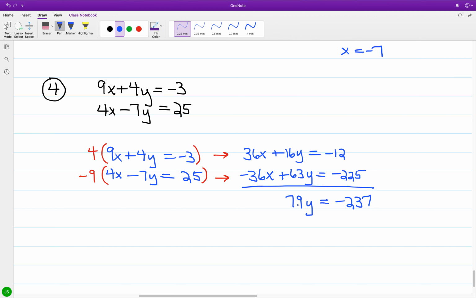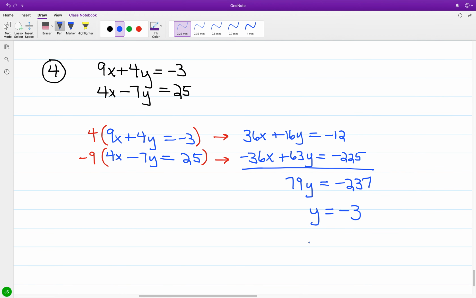If I divide negative 237 by positive 79, it comes out to negative 3. So we have y equal to negative 3. I can plug this result in for y in either equation and solve for x. We'll go with the second equation: 4x minus 7y equal to 25, plugging in negative 3 for y.